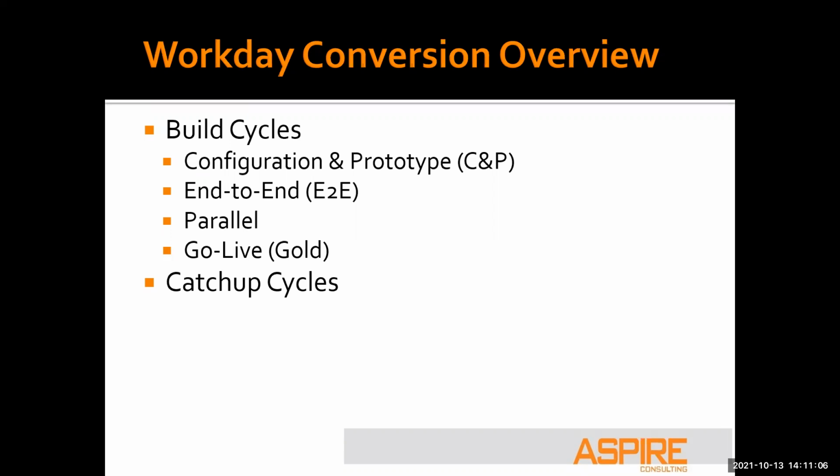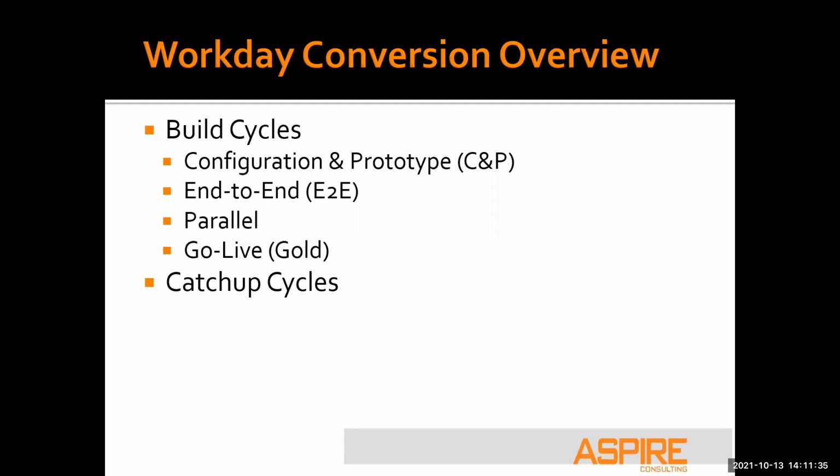So we're really looking to finalize extract logic and mapping logic, to make sure that parallel test is as smooth as possible. And presuming that you get through a successful parallel test, then you are prepared and ready to go for a go live implementation at that point, sometimes referred to as a gold build.